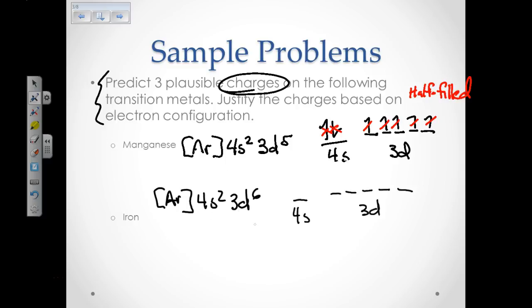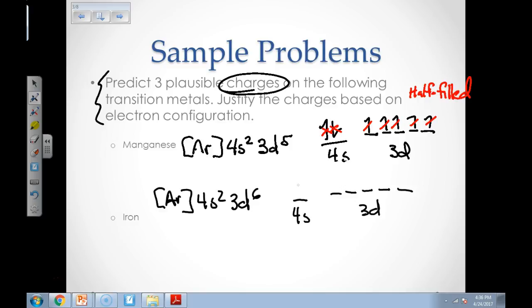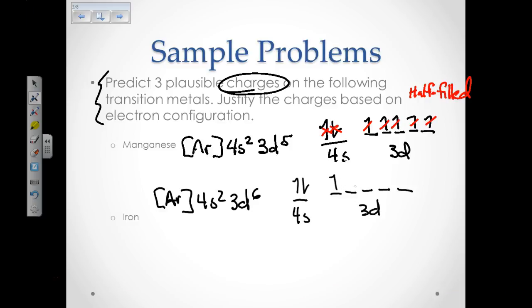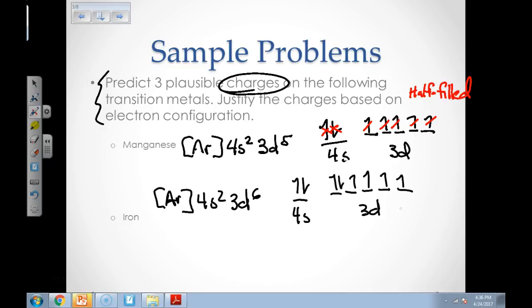We're probably not going to use those, but we can use the next row down. So 1, 2, 3, 4, 5, 6, 7, 8 valence electrons. What are some charges of iron that we could predict based on electron configuration?